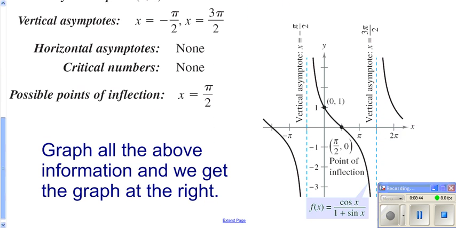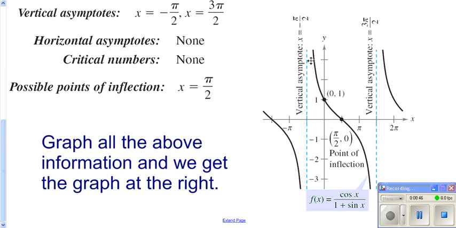When you go ahead and graph all that, we'd have our vertical asymptotes that we talked about. And we're really looking only at what's going on in between these. We do our vertical intercept. We do our x-intercept, which happens to be our point of inflection. We knew we were always decreasing, so we knew we'd have to come from the upper left to the lower right.